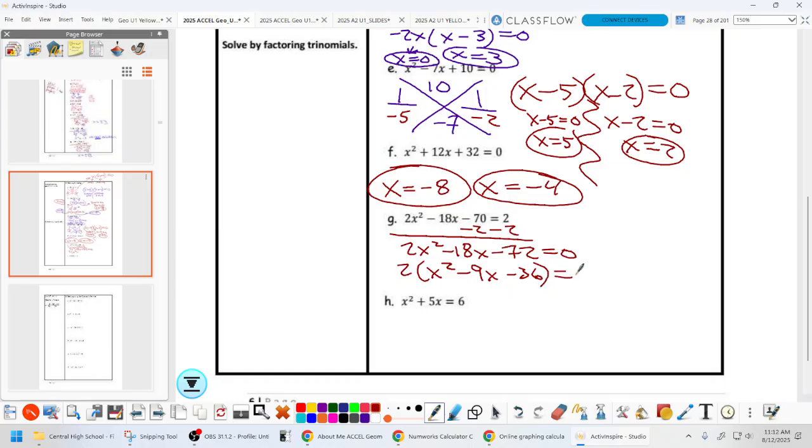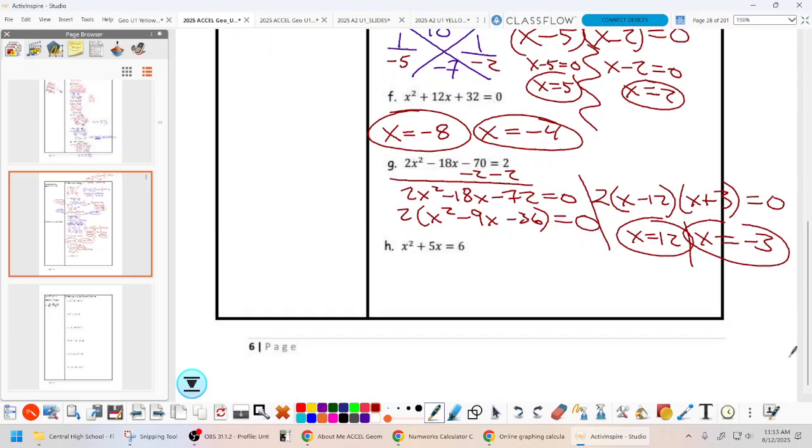Okay. The 2 can't be equal to 0, so you don't worry about it. If you star factor this, your factors become x minus 12 and x plus 3. And then what happens to the 12? It becomes positive 12. What happens to the 3? Negative.